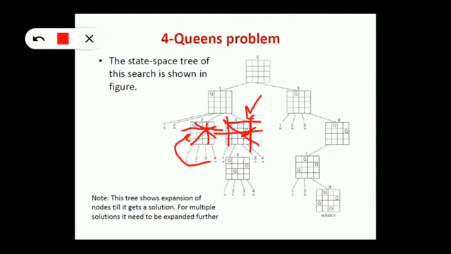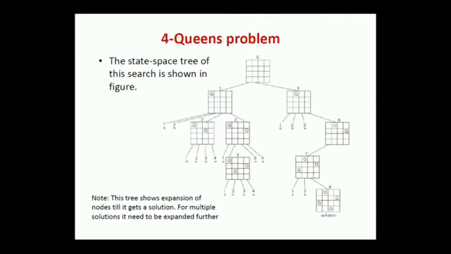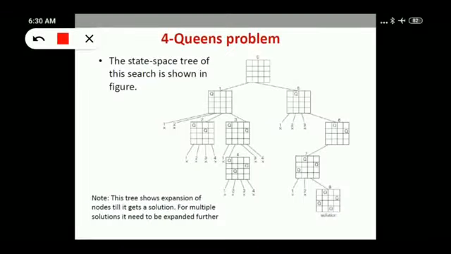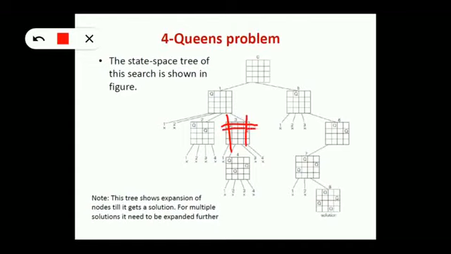So therefore, if you observe, we are left with row 3 column 2 to be the right place to put queen 3.